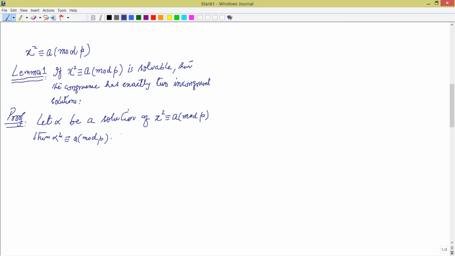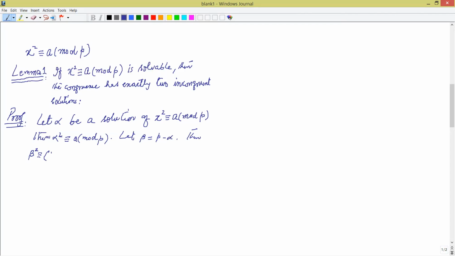Let another element beta be equal to P minus alpha. Then what is the value of beta square under modulo P?